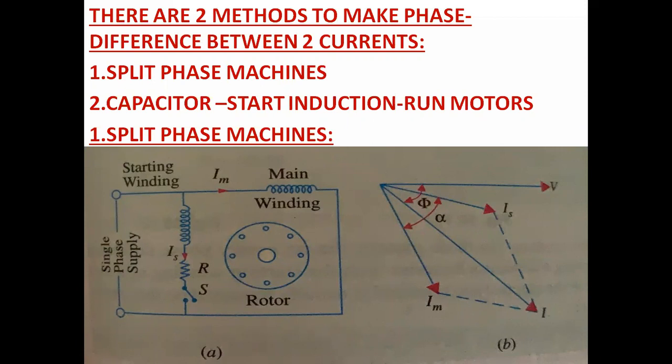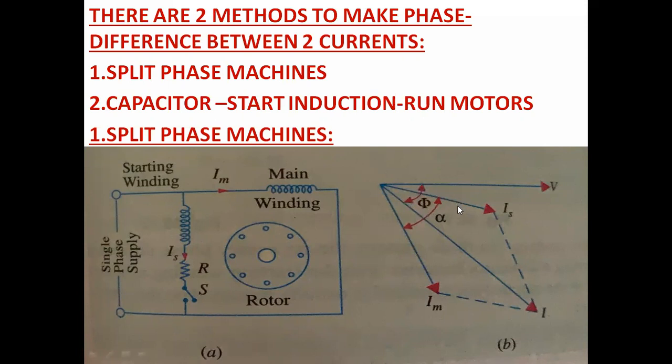The current IS drawn by the starting winding lags behind the single phase supplied voltage V by a small angle only.